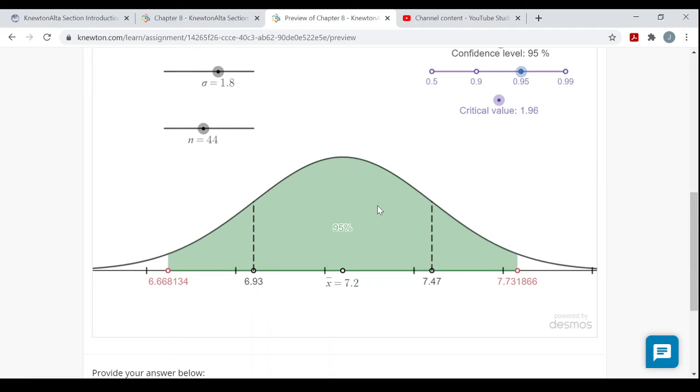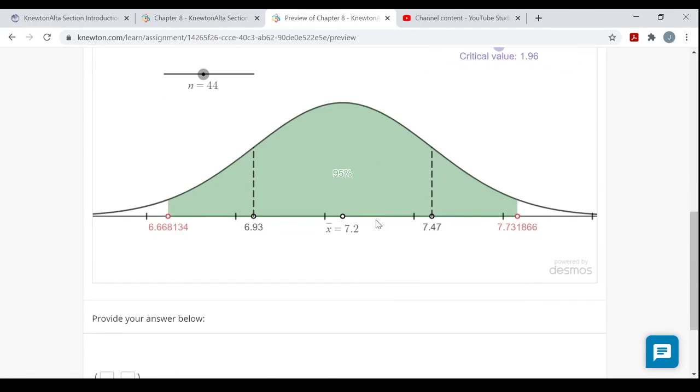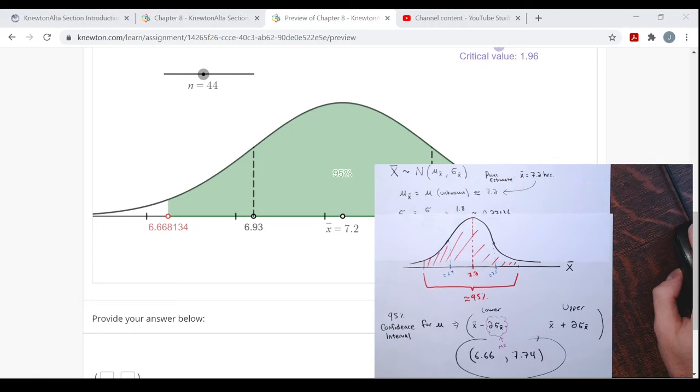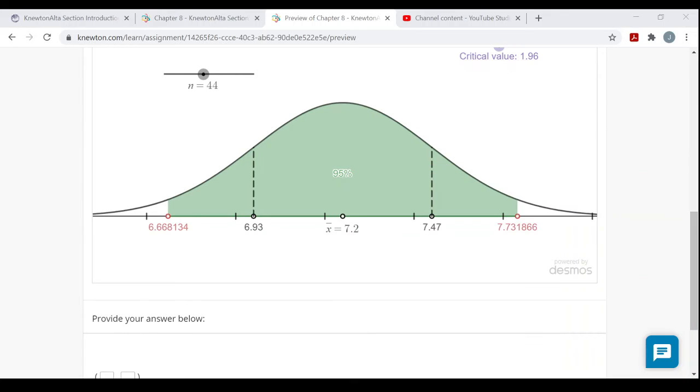And you see the picture they drew here? It's kind of like the picture I drew on paper. See that picture, with 7.2 in the middle and 2 standard deviations below, 2 standard deviations above? Now this is a little more accurate because technically 2 standard deviations below and above isn't exactly 95% under the curve.